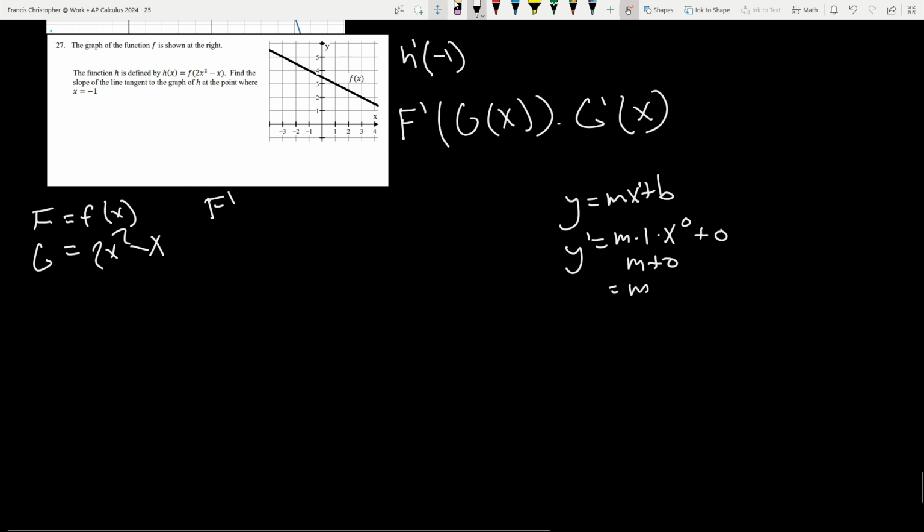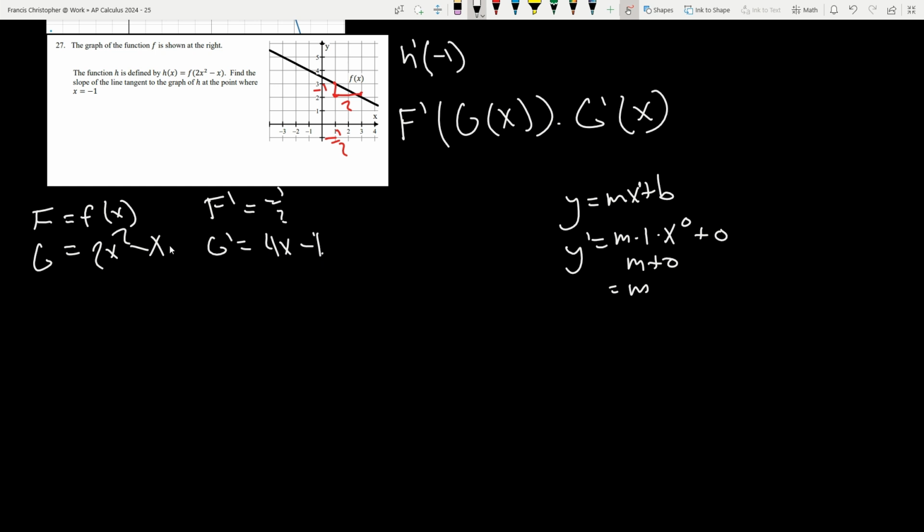And in this case, the slope is going to be rise over run, so it rises -1, or drops 1, I guess, and it's over 2. So the slope is -1/2, and that makes sense. So f prime is going to be always -1/2, and g prime is going to be the derivative of g, so just 4x minus 1.